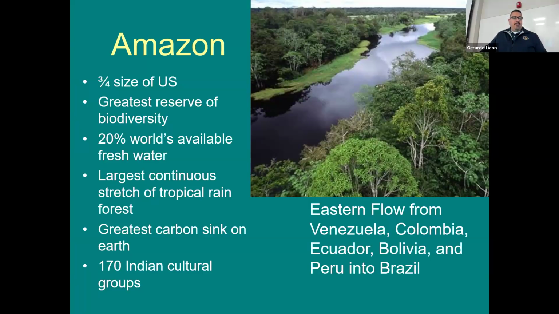One thing they've tried to do is encourage the biggest carbon producers in the world to help them preserve it. We'll get more into examples like that of them trying to figure out what to do in their situation.